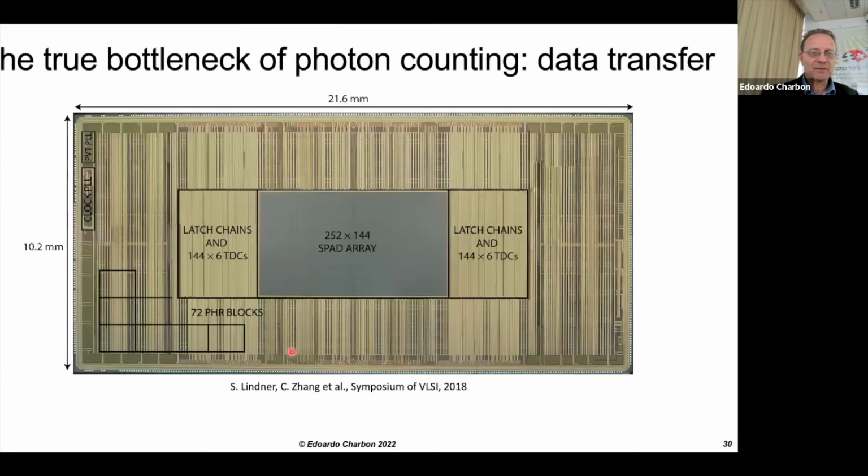And why is that? Because the true bottleneck of photon counting on a chip is really data communication. Here is an example of a chip that we published in 2018, where you see a relatively small array, 252 by 144 SPADs, that has all the electronics needed for latch chains and TDCs, or time to digital conversion, for the time of arrival calculation.